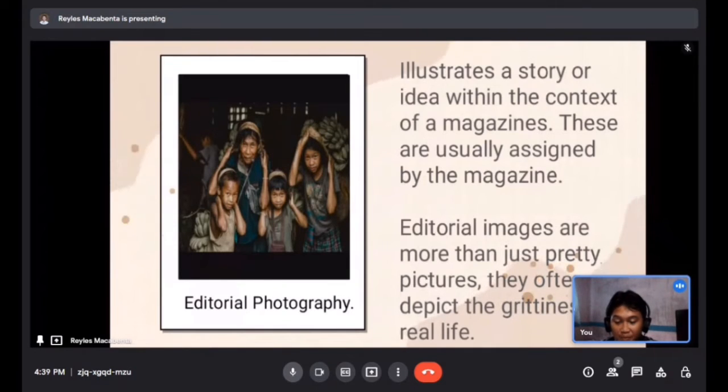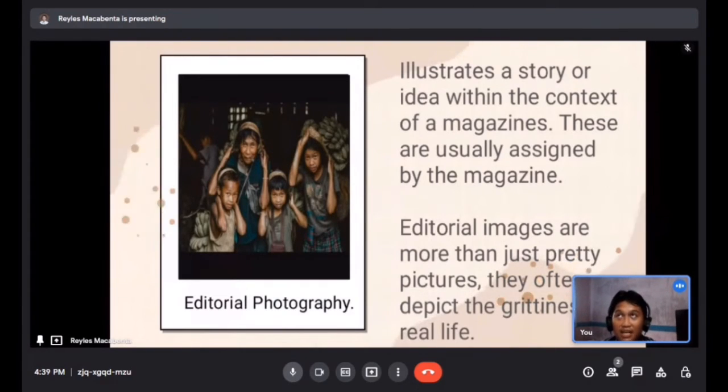Editorial photography is commonly found in magazines, newspapers, editorial features, and journalism. Unlike other photography, editorial photography relies much more on story than it does on a brand.